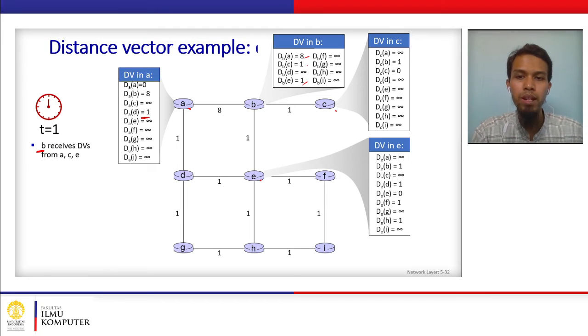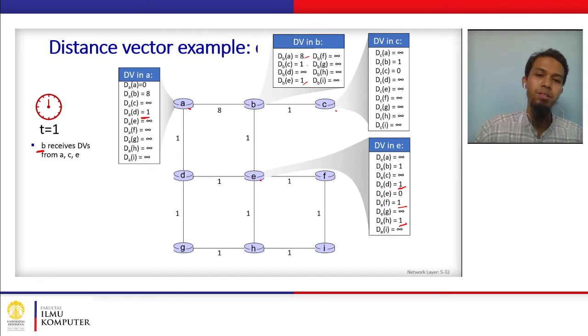Apart from the connection to B, E has connections to D, F, and H, all with a cost of 1.